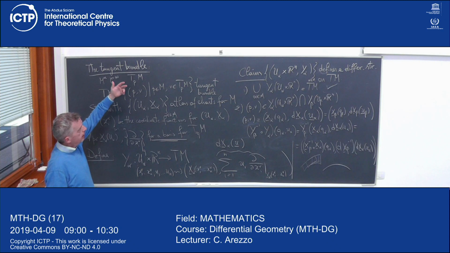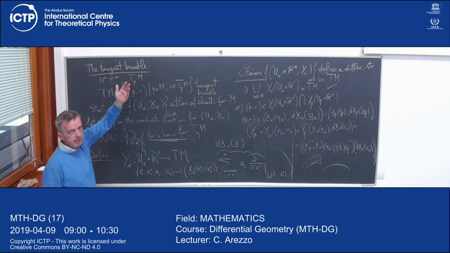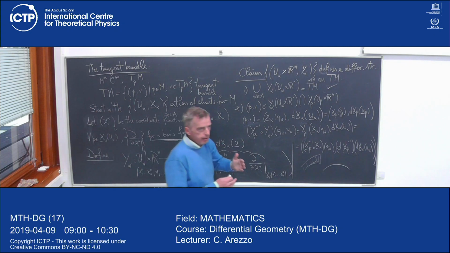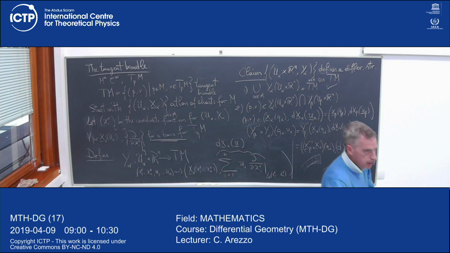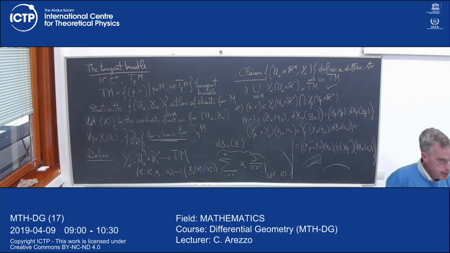It doesn't even make sense to say there is a vector which is in the tangent space at P and in the tangent space at Q, because these are abstract vector spaces that are not subspaces of anything. These are completely disjoint. Okay?